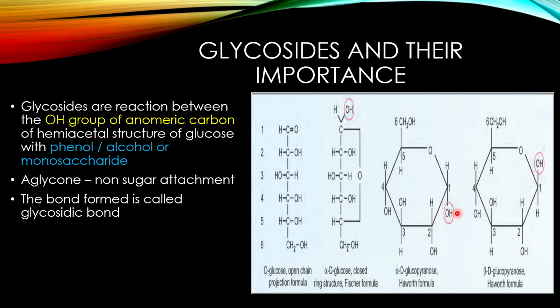Let's say glucose reacts with another monosaccharide, that's okay. If the reaction is with a non-sugar, for example a phenolic or an alcoholic compound, that non-sugar is called an aglycone, meaning not a carbohydrate. So the hydroxy group can react with another sugar, or with a non-carbohydrate compound, and the bond which is formed is known as a glycosidic bond.